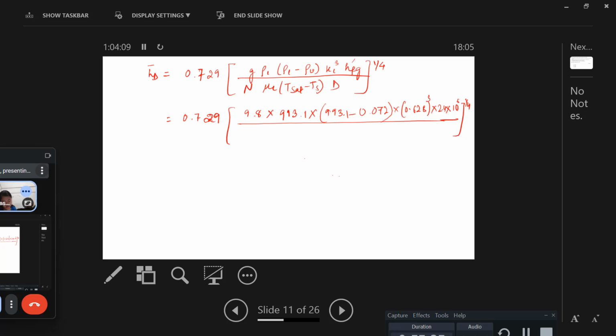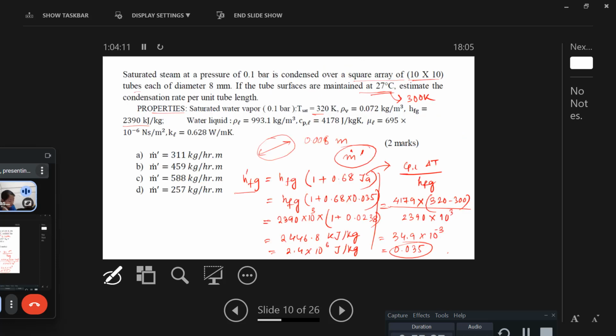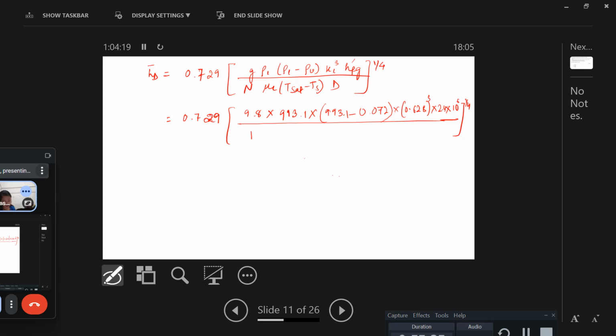Then n is given in an array of 10 cross 10, so n is equal to 10. Mu L is 695 into 10 power minus 6 into 320 minus 300 into diameter is 8 millimeters, so 0.08.